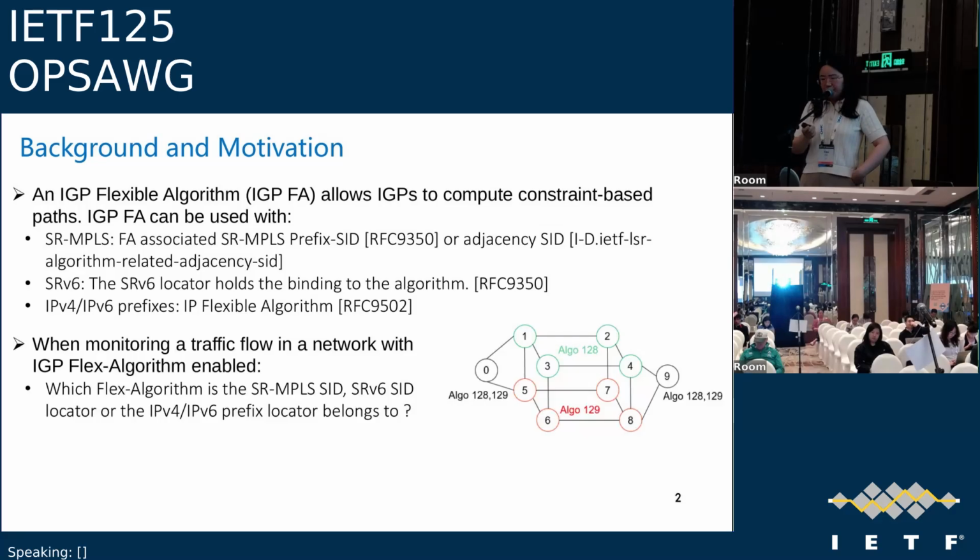So when monitoring a traffic flow in this network, the question is: which flex algorithm does the SR-MPLS SID, or the SRv6 locator, or the IP prefix belong to? Because with different IGP FA, you belong to different logical planes, different paths.